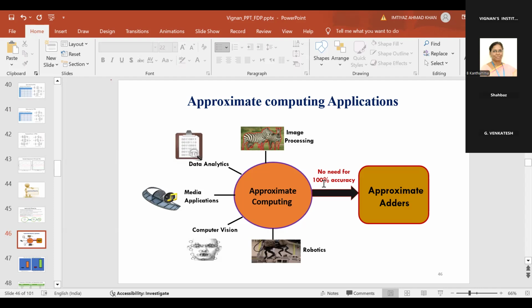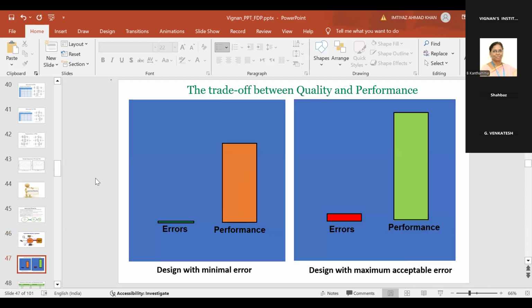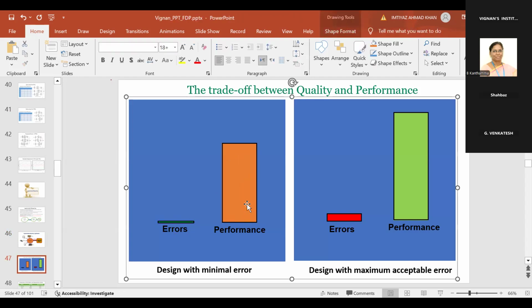Why? Because of power consumption and speed. Suppose your critical path is high; if you reduce it, then your circuit will be faster and power will be lower. There is a trade-off between quality and performance.